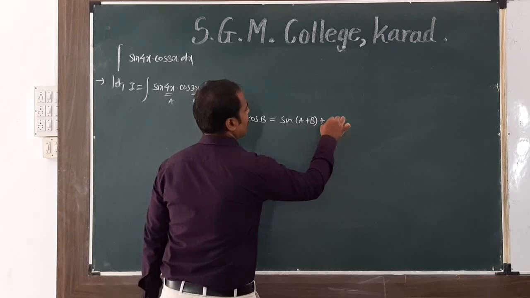Okay, dx. Here 1 upon 2 is a constant. Take it outside the integration sign. Integration of sin 7x plus sin x dx. Inside the integration there is addition. Separate the integration sign. 1 upon 2 into integration of sin 7x dx plus integration of sin x dx.